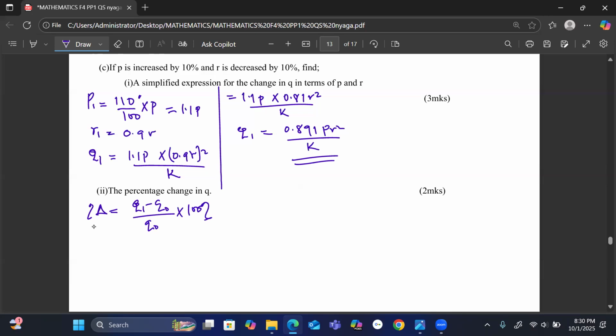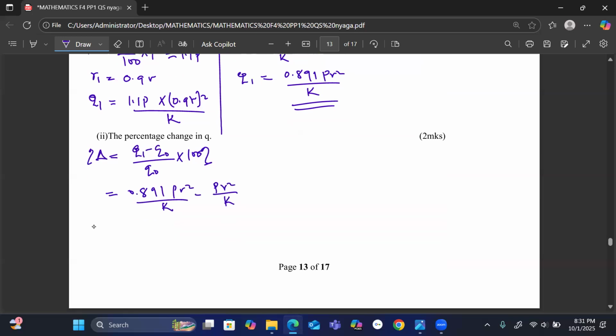So this one gives us 0.891 P R squared over K minus P R squared over K.